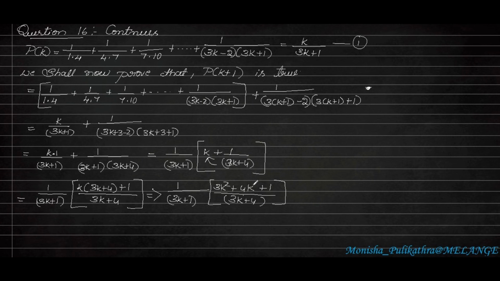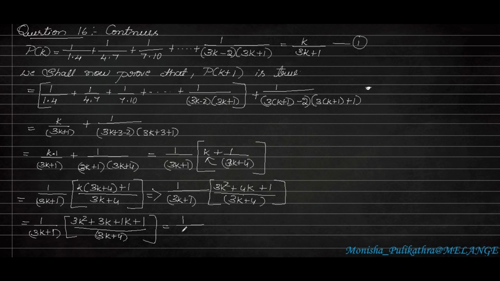So now we can split the middle term 4k. If you split the middle term 4k, it will become 3k square plus 3k plus 1k plus 1 whole divided by 3k plus 4.